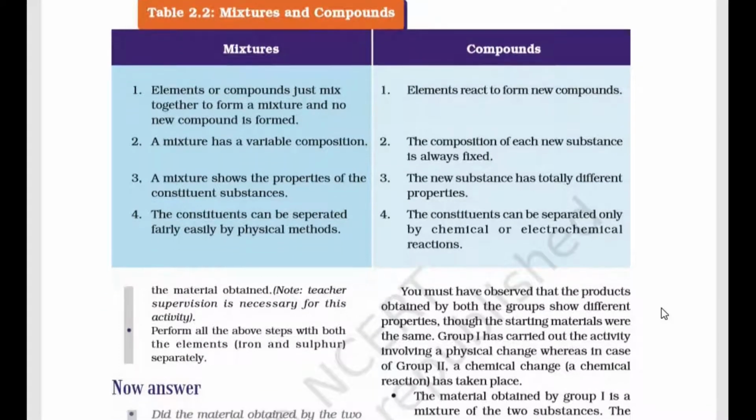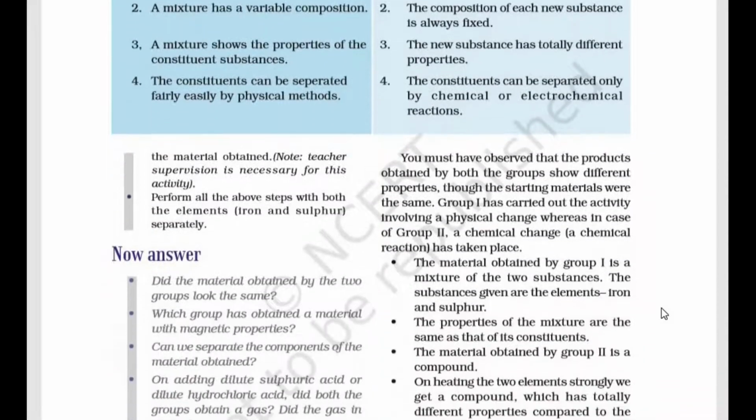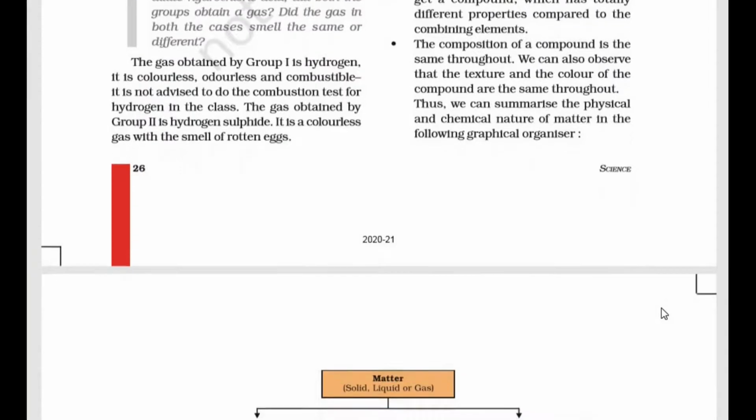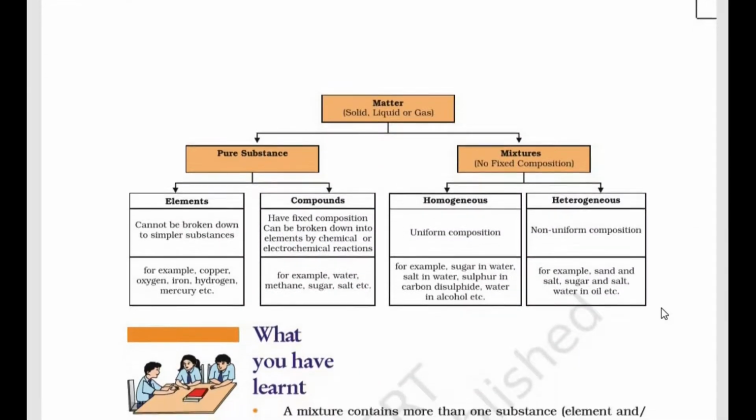A mixture will show the properties of the constituents, but a compound will have totally different properties. The constituents present in a mixture can be easily separated, but the constituents present in a compound can only be separated by a chemical reaction.